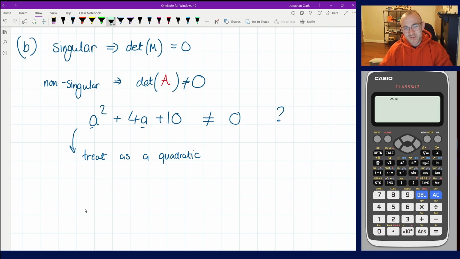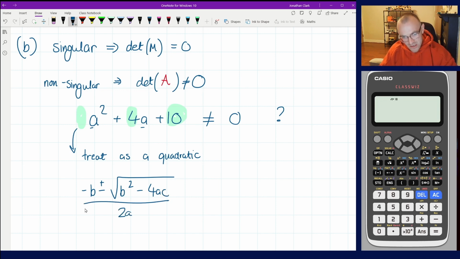I'm going to use the letters a, b, and c for this, but I'm referring to the constants in front of a squared, a, and the number on its own, of course. So write the quadratic formula down as if to solve this.